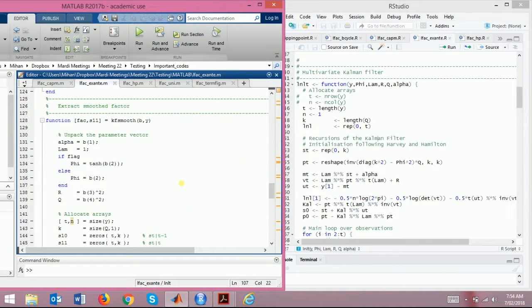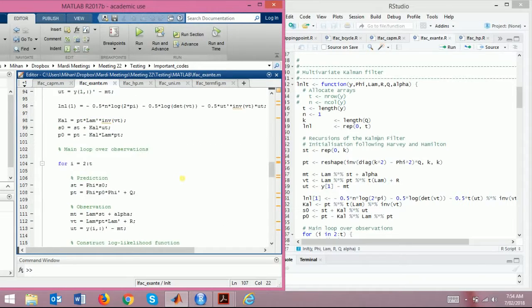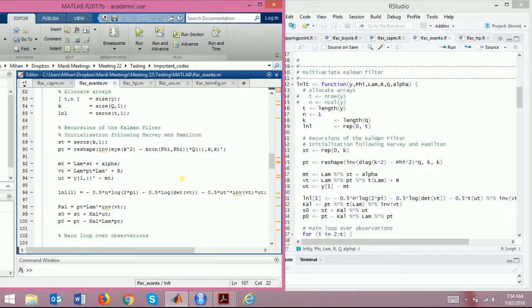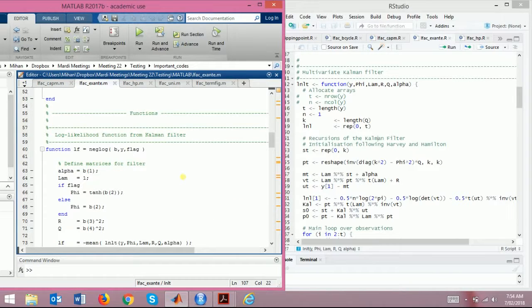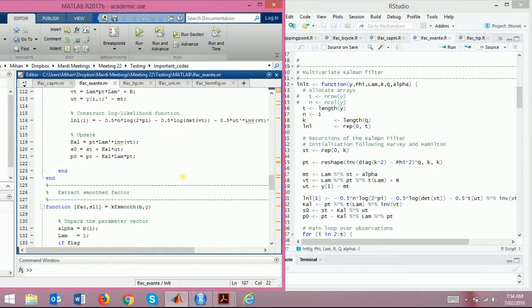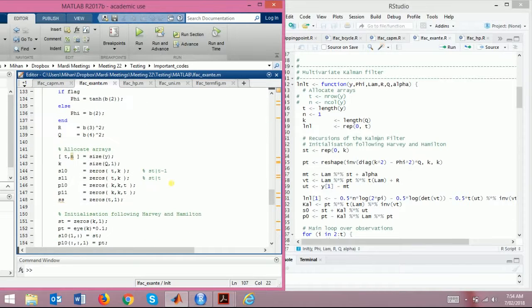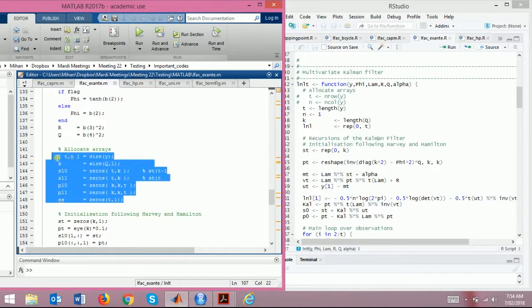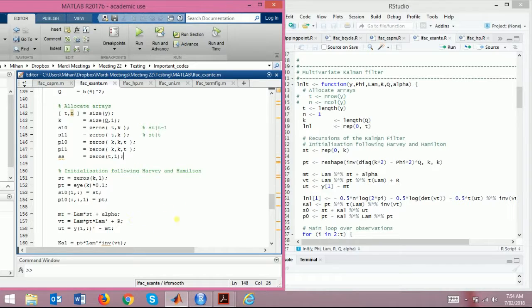Smooth factor, right? Do you remember how to do the smooth factor? Again, we start with restrictions phi for smooth factor. Then we do a lot of array allocations. Why? Because we do reverse calculation.